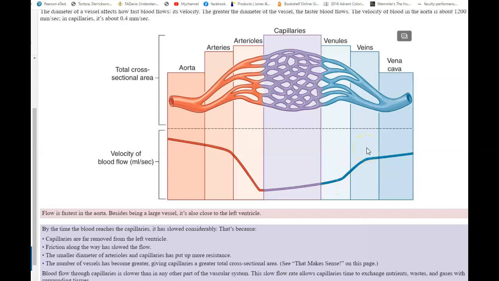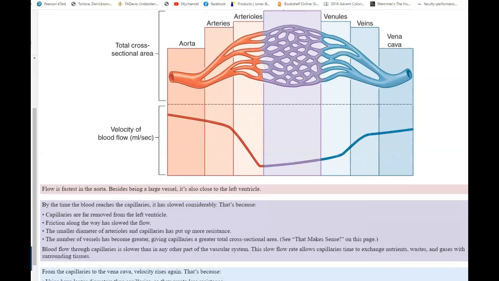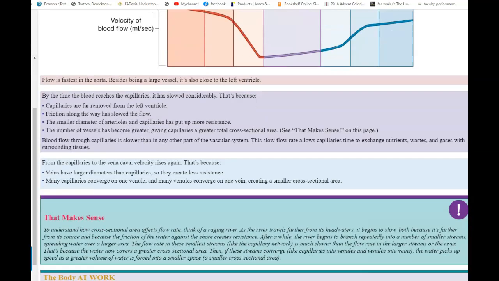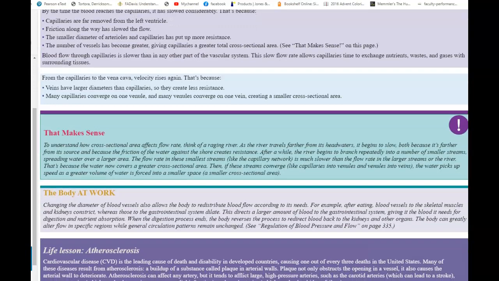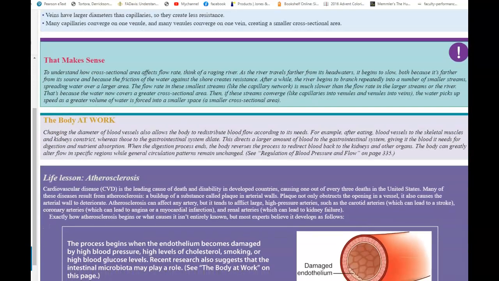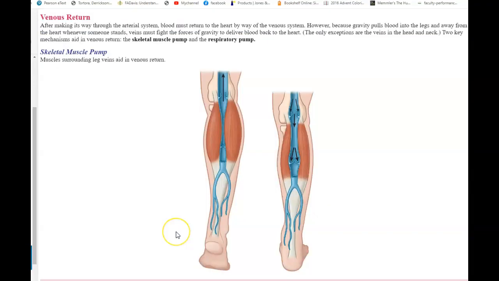Then as you increase the vessel size again, it will increase the pressure a little. However, there's not enough pressure to actually move it, so you need another way to get your blood to move through your veins.